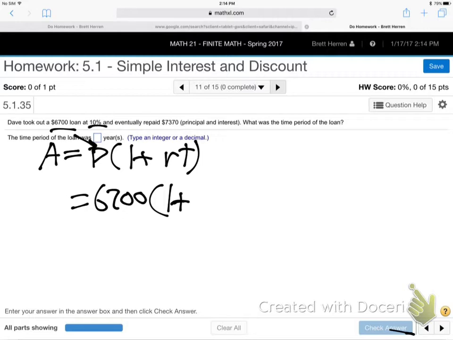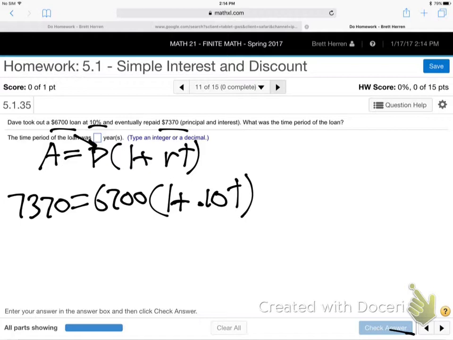And 10% is the rate, 0.10. The time is what we're trying to find. We don't know. Leave that T. And the 7,370, that's the amount he repaid altogether, principal and interest. Right?